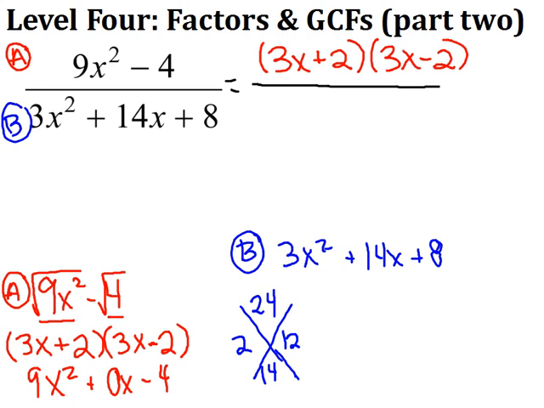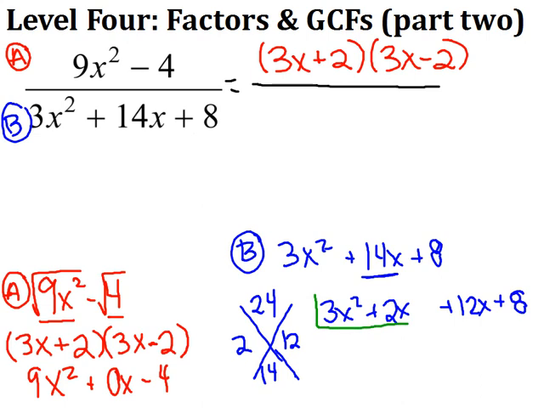Then we can go ahead and set up our grouping, breaking down this 14x here into 3x squared plus 2x, leaving some space, plus 12x plus 8. Now we're going to go in and GCF both of those.